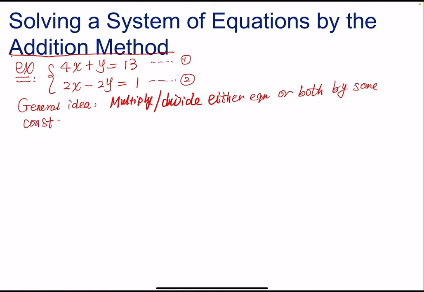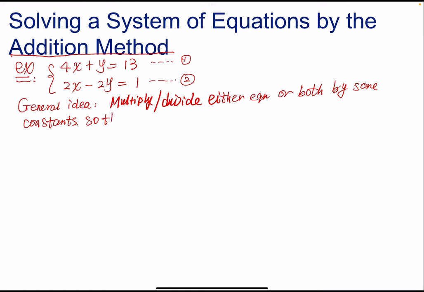Okay, and we will talk about the choice. How do you choose a constant to multiply or divide? Okay, now how to choose those constants?